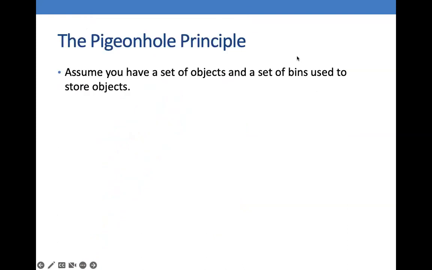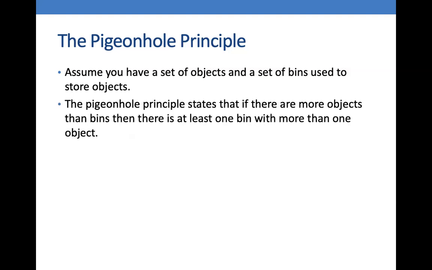In terms of a set of objects and a set of bins, assume you have a set of objects and a set of bins used to store objects. The pigeonhole principle states that if there are more objects than bins, then there is at least one bin with more than one object.